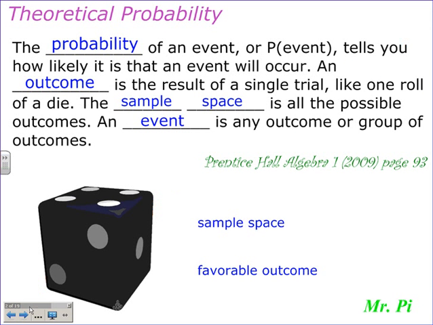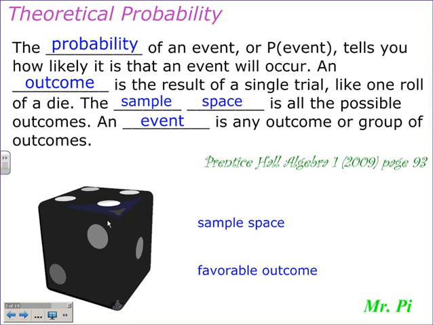The probability of an event, or P of the event, tells you how likely it is that an event will occur. An outcome is the result of a single trial, like a roll of a die. The sample space is all possible outcomes. An event is any outcome or group of outcomes.